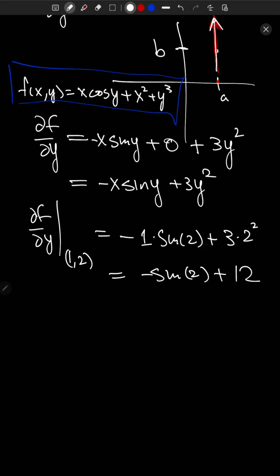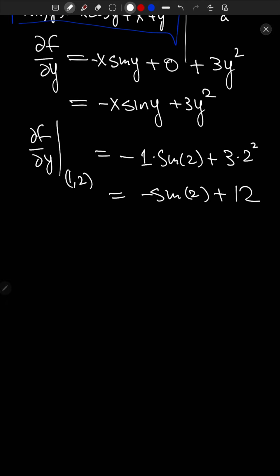And again, you get the same kind of interpretations as from one variable calculus, because this is literally one variable calculus. For example, this right-hand side is a positive number because sine can never be bigger than 1.